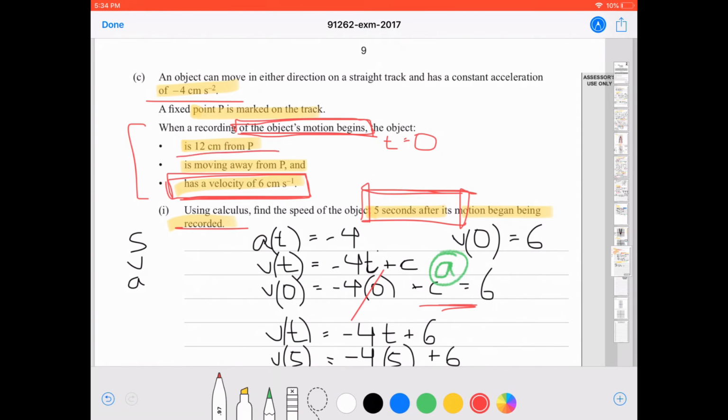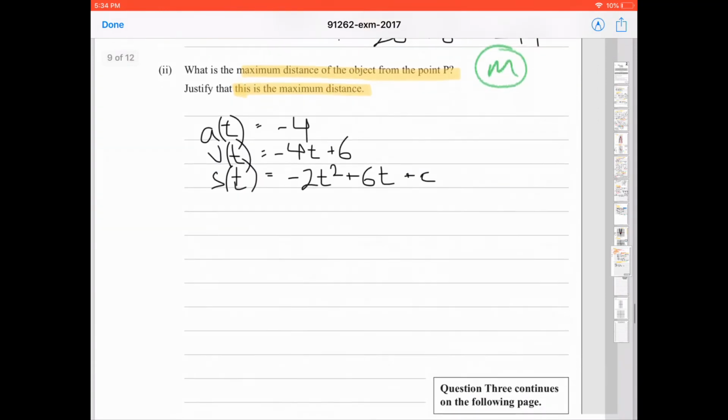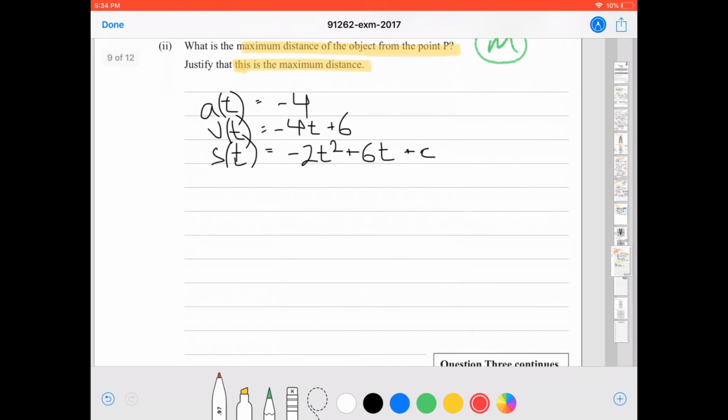It says it's 12 centimeters from P. So we're going to use that information, 12 centimeters from P. Obviously, we're talking distance. We are going to say that s of 0 equals 12.